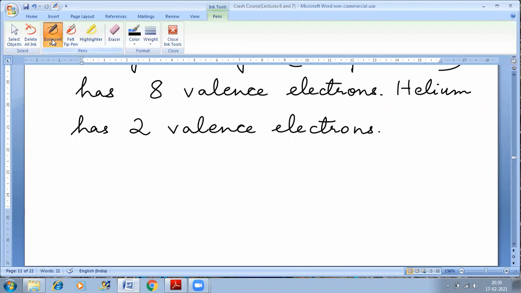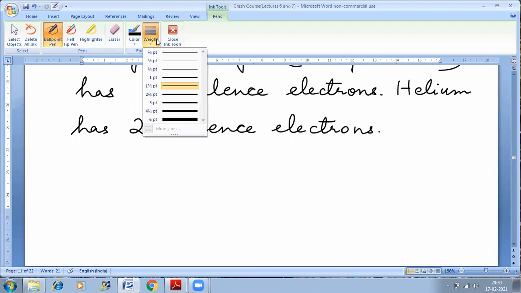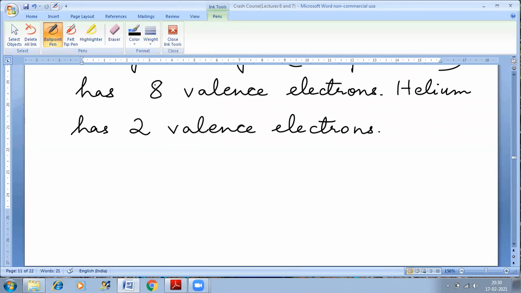Having more than 8 electrons in the valence shell, does that have a connection with its size? Size is with respect to the radius, that is, how far it is from the nucleus. That is called the size. And formation of bonds is connected to the capacity, that is, the availability of orbitals. Okay, sir. Size has got nothing to do with the capacity.